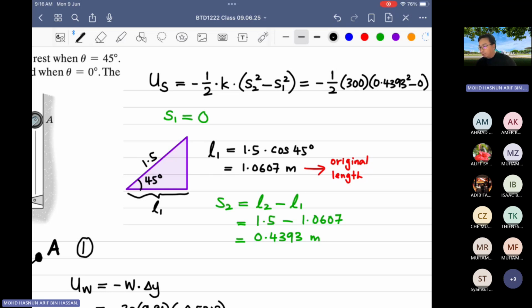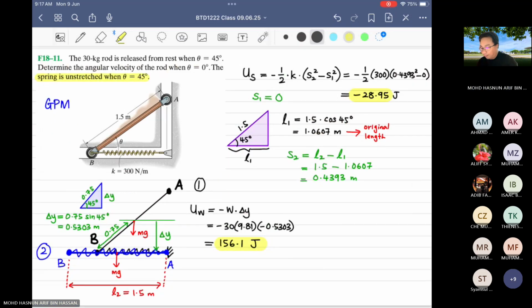Okay, S1 is 0, S2 is 0.4393. So we will get Us is equal to minus 28.95 joule, right? So this is the value of Us.